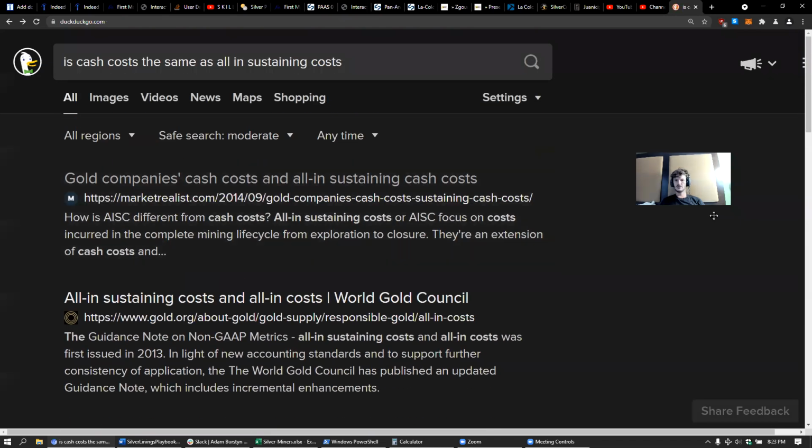So I just thought I'd throw that out there because that makes me feel a little iffy about Pan American Silver versus Silvercrest, when Silvercrest's all-in sustaining cost, which includes more costs, is only cents higher than Pan American's cash costs, which do not include some of the costs that AISC does.